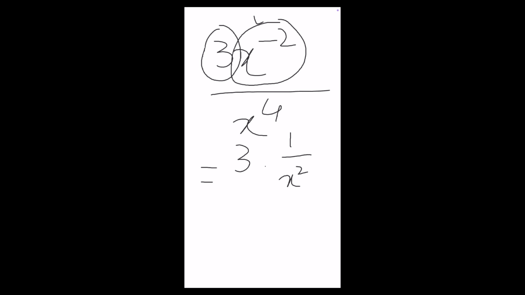Okay, did you get what I have done? Okay, now divided by x raised to power 4. So the 3x raised to the power minus 2 has become 3 and 1 over x squared.